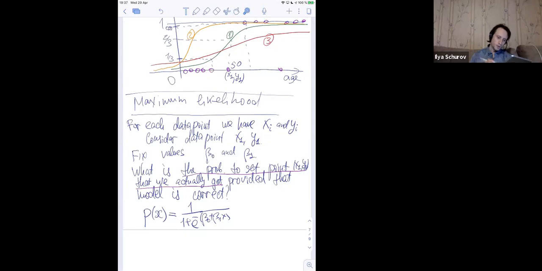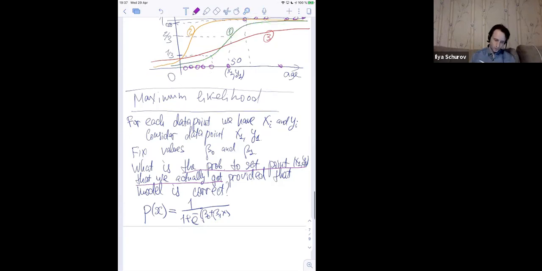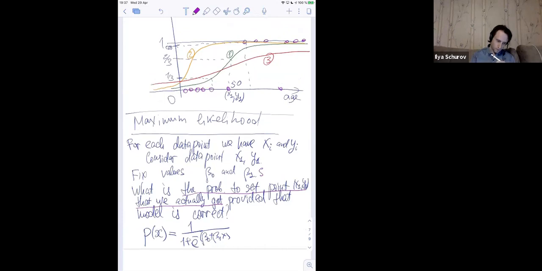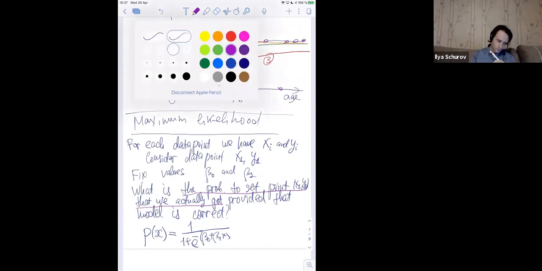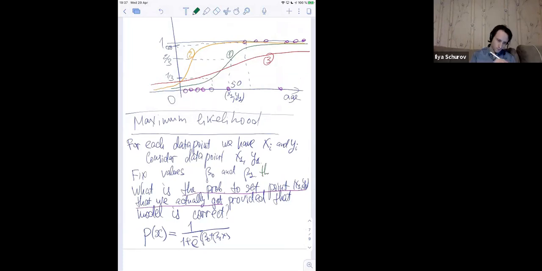Let me assume that I have beta naught and beta 1 in such a way that my curve is this green curve. So I consider now only this green curve.